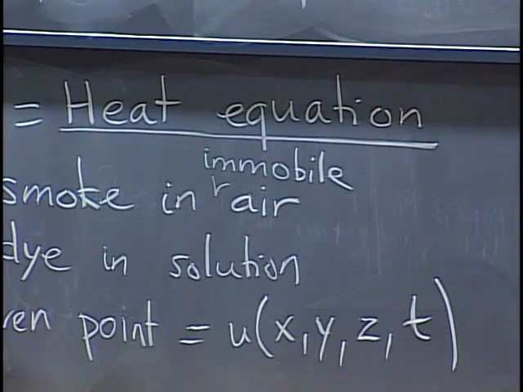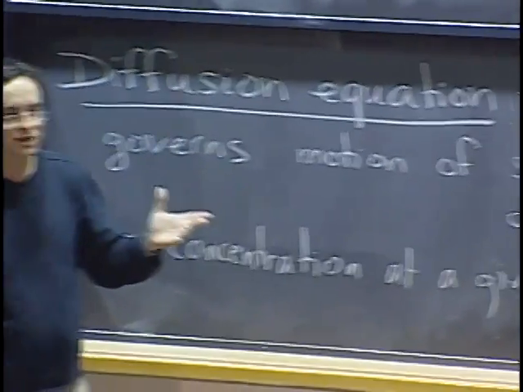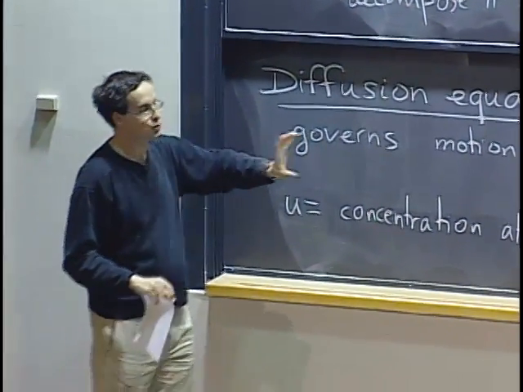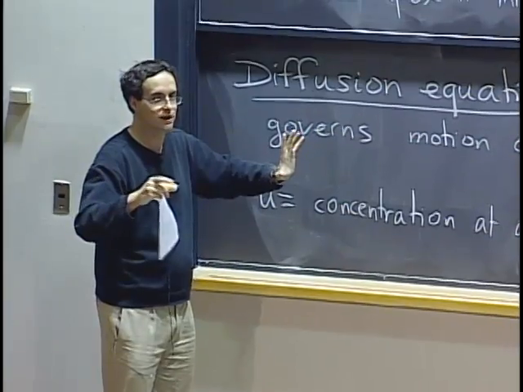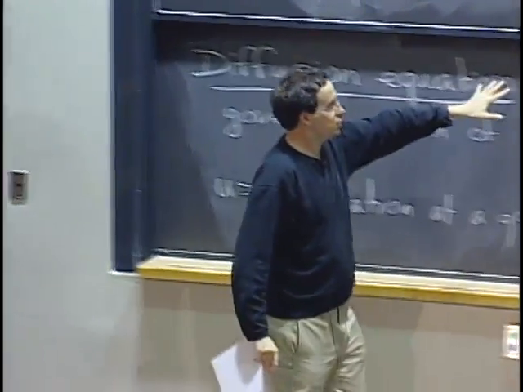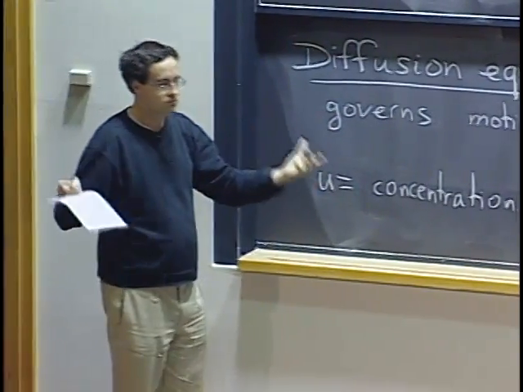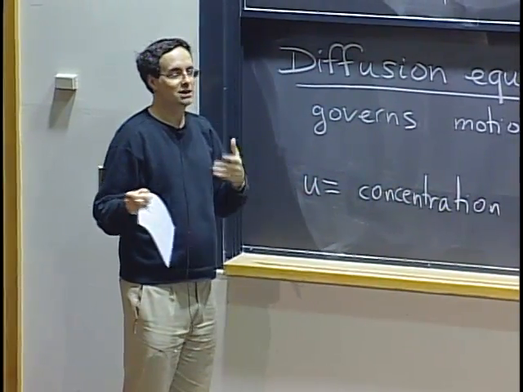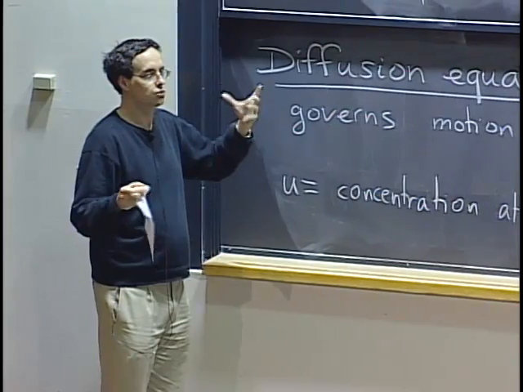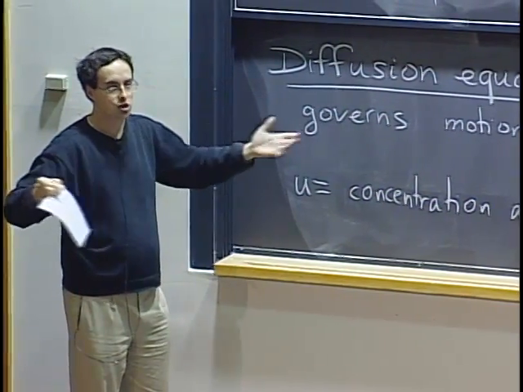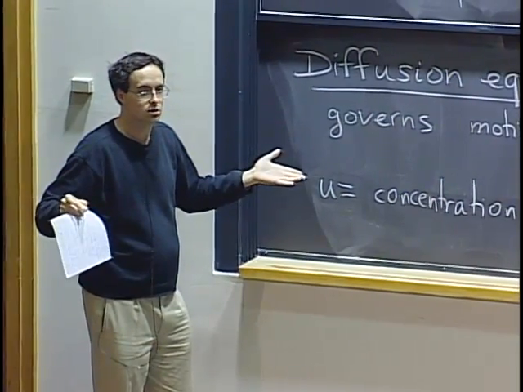If you drop some ink into your glass of water and you start stirring, obviously it will mix much faster than if you don't do anything. So that's the case where the fluid is not moving. The heat equation does the same, but for temperature in a fluid that's at rest. It tells you how the heat goes from the warmest parts to the coldest parts, and eventually temperatures should even out.